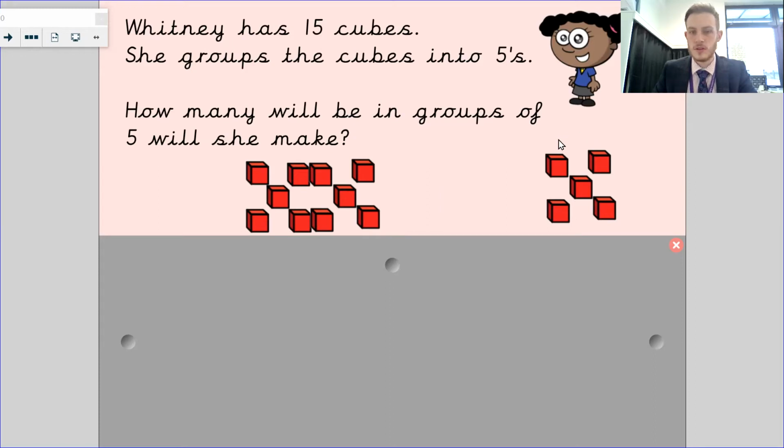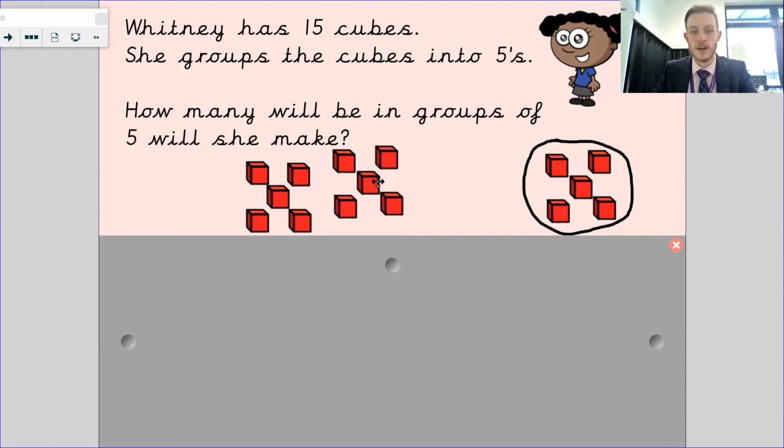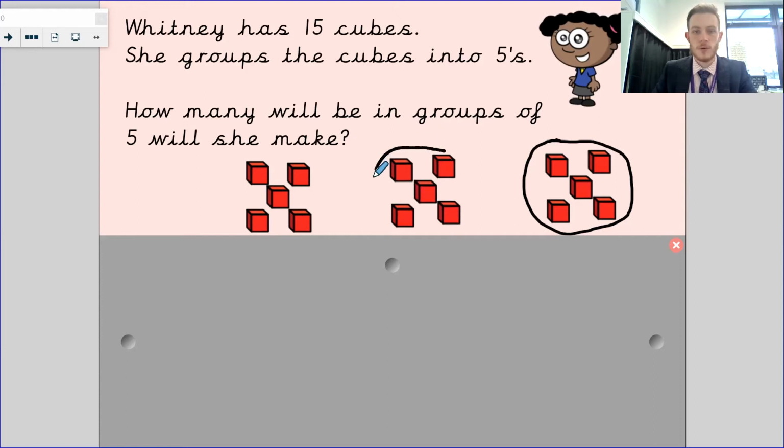Oh, I just need to draw around. That is a whole group of 5. Right, now I need to group another 5. 1, 2, 3, 4, 5. So there is another 5. So let me then draw around that group. Right, now I need to see if this last group will make a group of 5. 1, 2, 3, 4, 5.